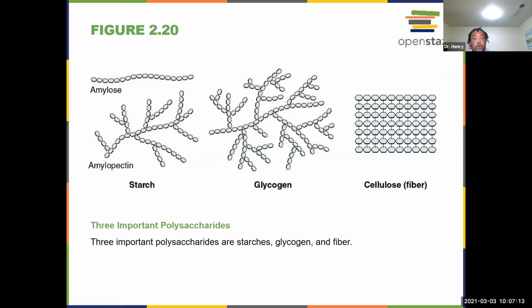Our muscles have glycogen in them, and that's what they use as food reserves, right? So when we work out and build muscle, we establish a lot of places for storage of glycogen.